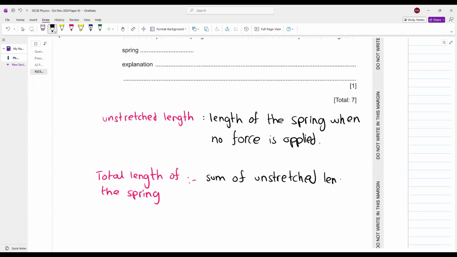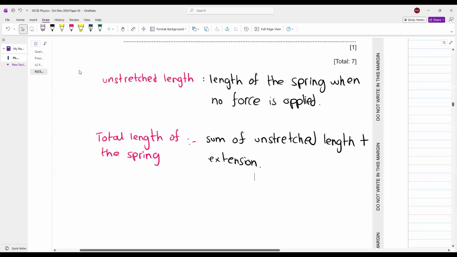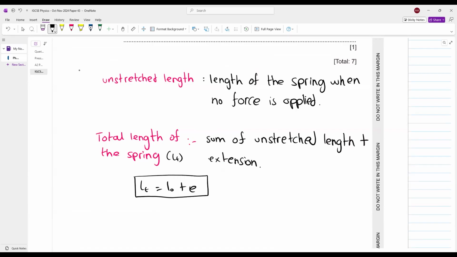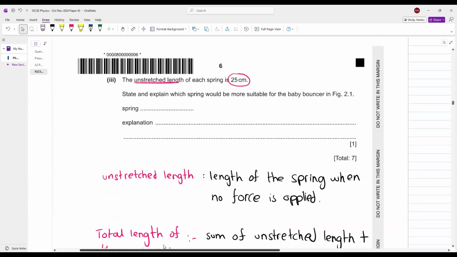The total length LT is equal to L naught plus extension. Simple as that, nothing complicated. Always remember this is a golden rule.